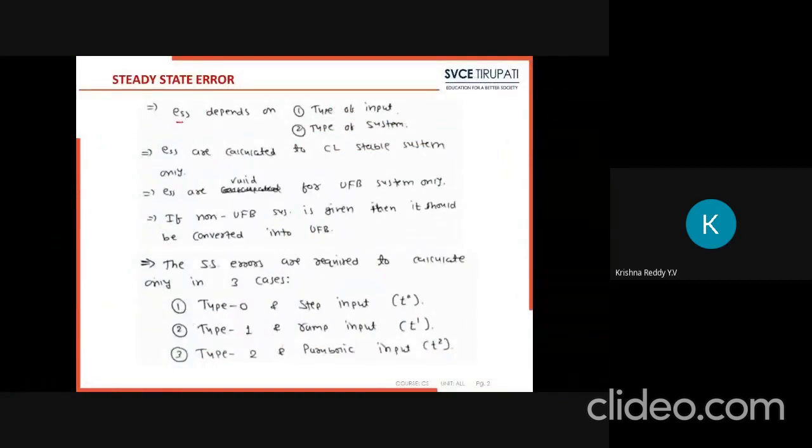Already we have discussed the steady state error depends upon what type of input we are having and what type of system we are having. Here input is nothing but step input, otherwise ramp input or otherwise parabolic input. These are the standard inputs we give to the system.